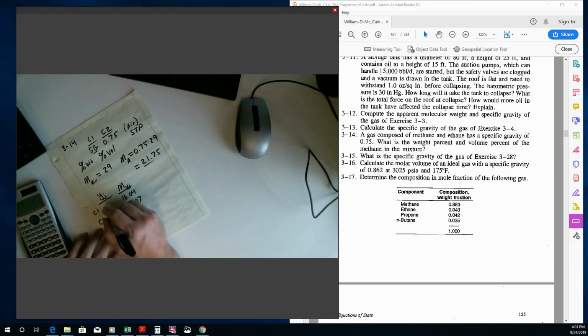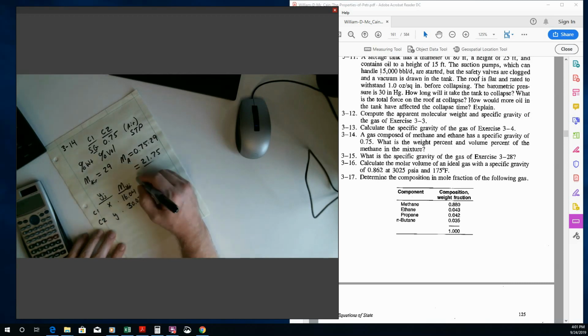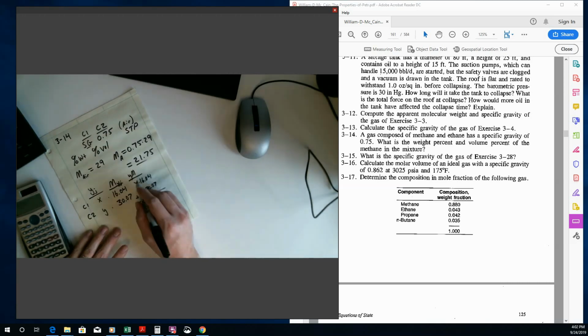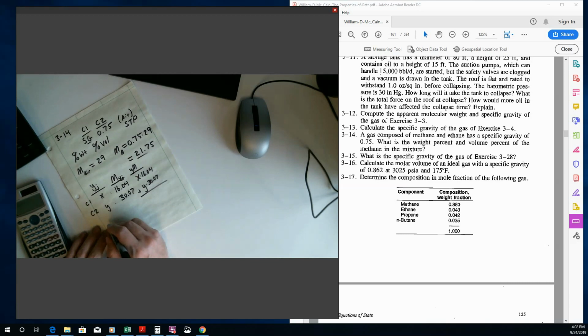So we can call these compositions, say, x and y. Each composition times its molecular weight gives us the mixture. So we get x times 16.04, y times 30.07, and then you add those two together, and that should equal 21.75.